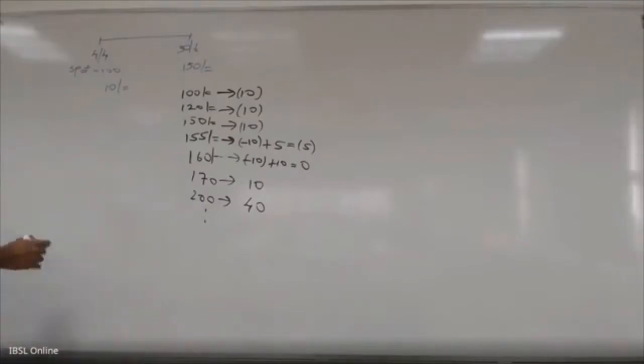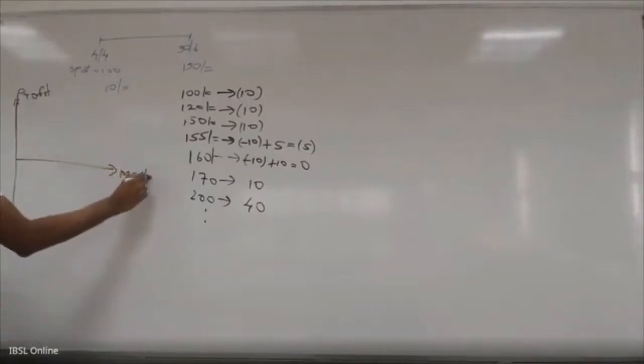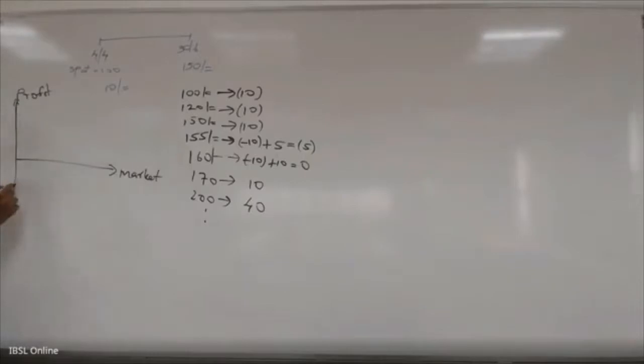Right? So now let's plot a small diagram. And we'll put your profit against the market price. Until 150, until the price of a mango hits 150, right, this is market price. Until it hits 150, you will be losing. Then at 160, you break even. Right.